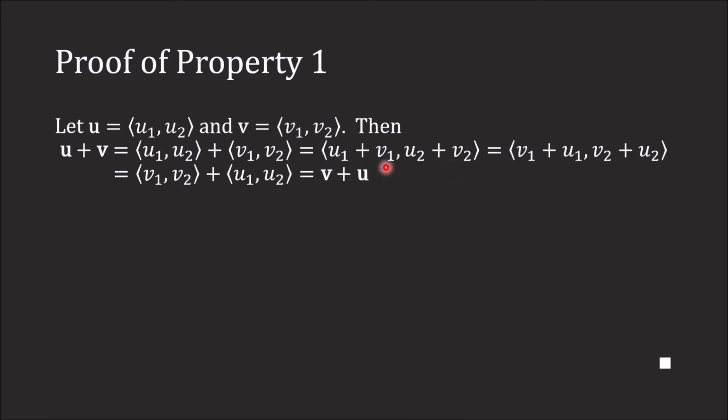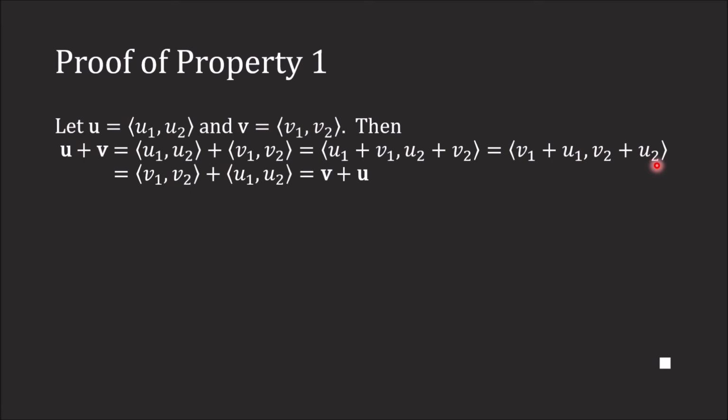But this u1 and v1, they're just real numbers. So is this u2 and v2. And we know that the addition of real numbers is commutative. So the order in which I add u1 and v1 doesn't matter. And same thing for the order of u2 and v2. So I can write this as v1 plus u1, comma v2 plus u2.